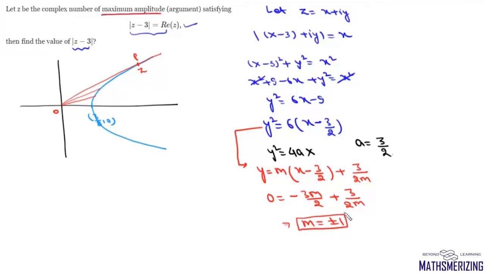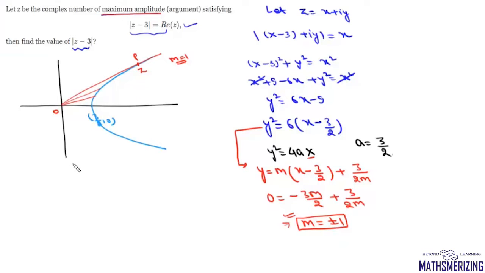Now since we need z of maximum amplitude, we'll take m as plus 1. So for this z, value of m is plus 1. Now once we have this slope, we can write this point of contact. So this point of contact will be x equals a by m square.